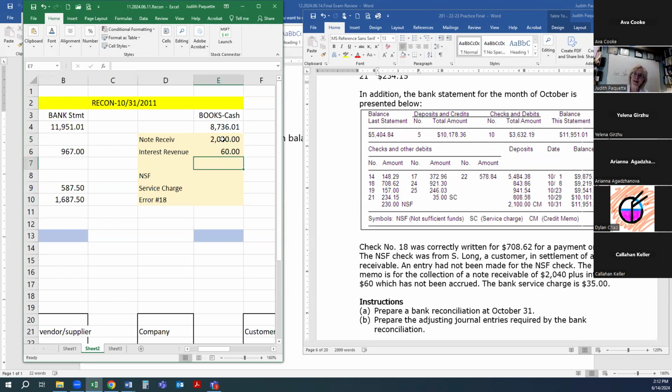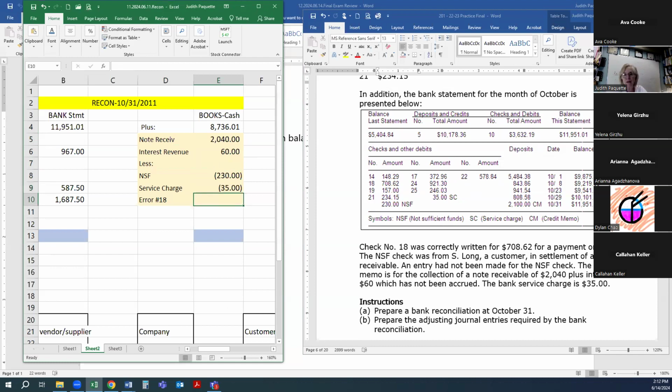Why am I doing that? So I can prepare the journal entries. NSF is subtracted. Service charge is subtracted.